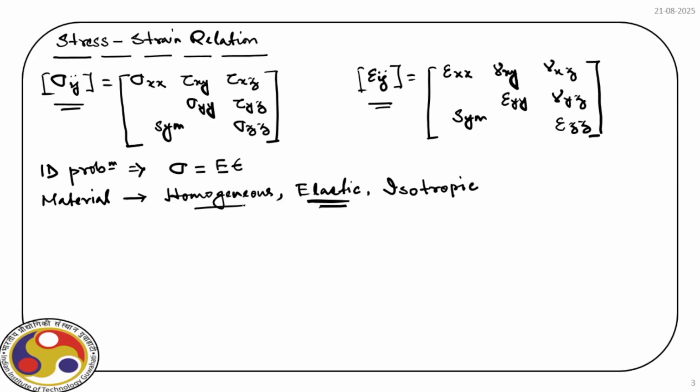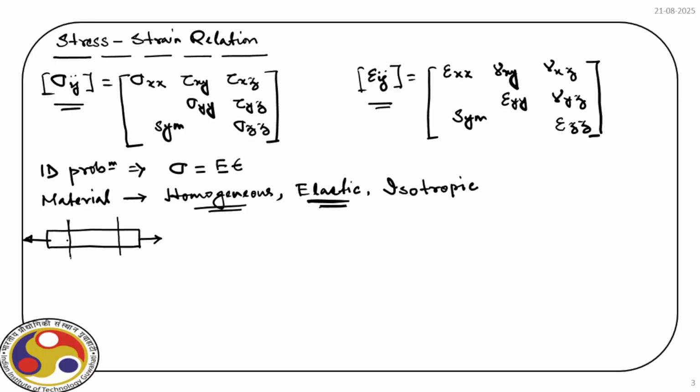What we mean by homogeneity, just imagine if we have the 1D problem for which we have already identified stress and strain and we interrelated them. So this is the test we discussed at the very beginning of this course. Now, if we consider, say, two different sections here and there.